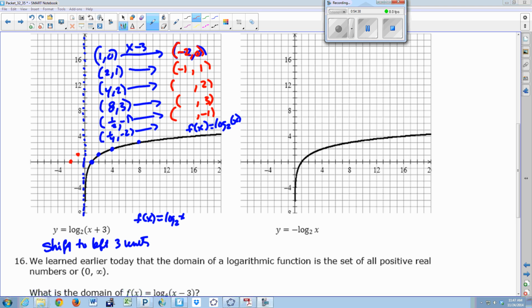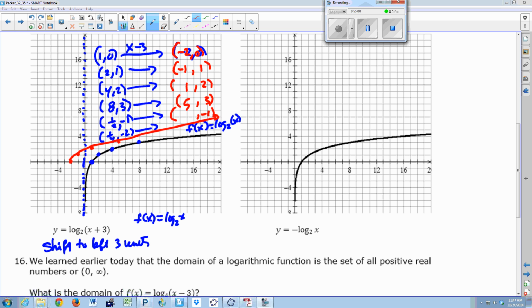And then (4, 2) becomes 4 take away 3, (1, 2). Okay, (1, 2). And then (8, 3) becomes (5, 3). So this is how transformed functions grow.